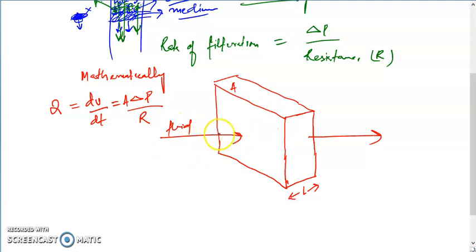When fluid is pushed to pass through this filter medium, the solids present in it which cannot pass through will get piled up on the surface.